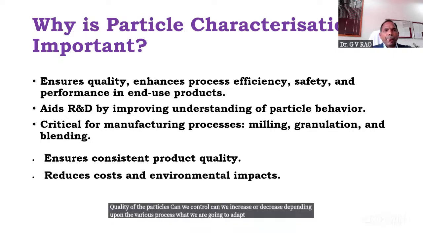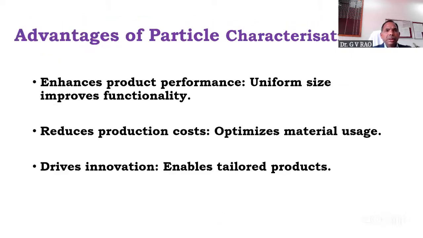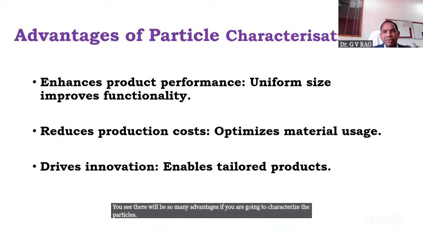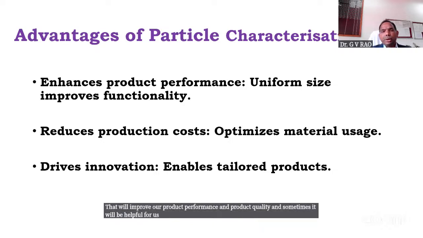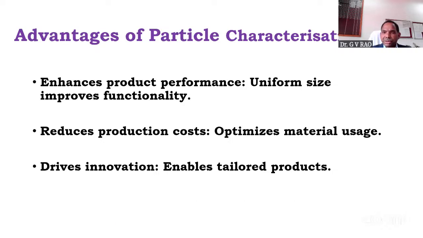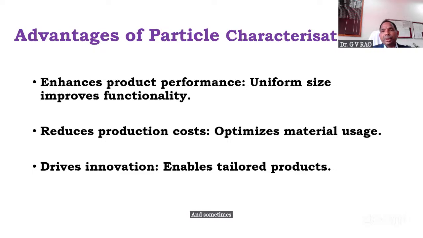And you see, there will be so many advantages if you characterize the particles. That will improve our product performance and product quality, and sometimes it will help us to reduce the cost and improve the quality. And sometimes various products will be innovated through characterization.